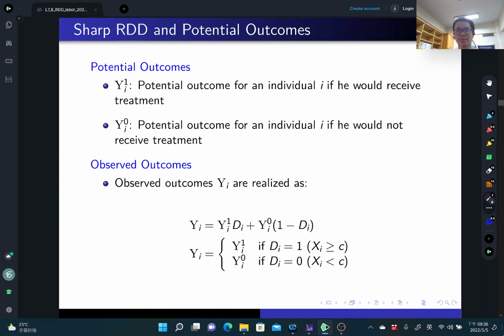In the alcohol example, after the 21st birthday, the potential outcome if you can drink alcohol legally will be realized. And if you are just before the 21st birthday, the other potential outcome Y0 will be realized, the potential mortality if you cannot drink alcohol legally. Okay.